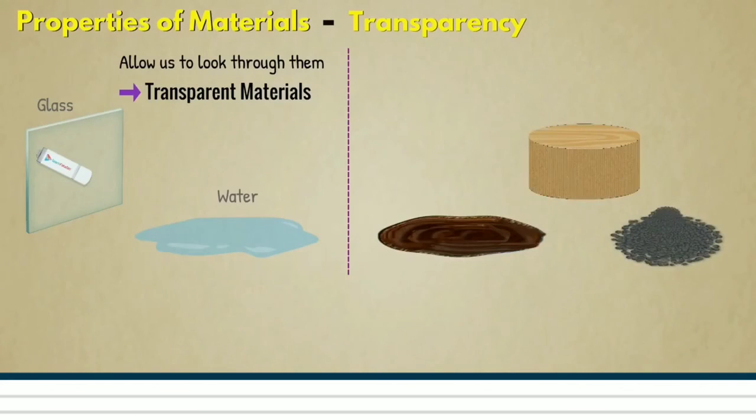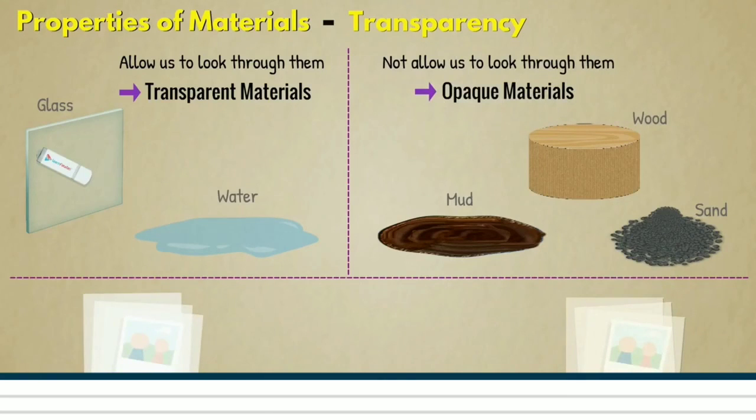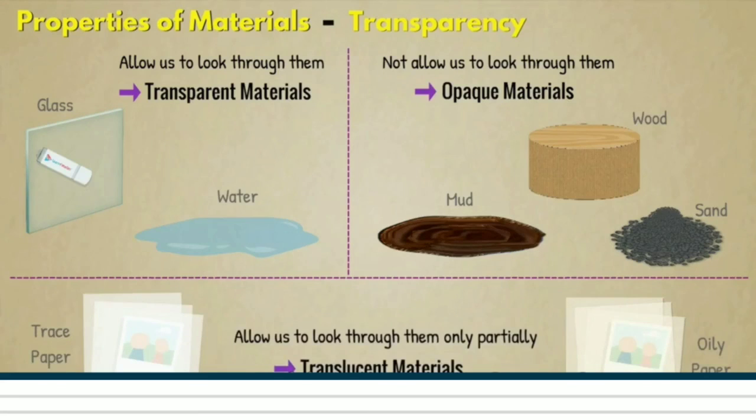Next is transparency. Materials which allow light to pass through them completely are called transparent objects, like glass, water, air, etc. Materials which don't allow light to pass through them completely are called opaque objects, and the examples are wood, metals, etc. Materials which allow light to pass through them partially are called translucent objects.